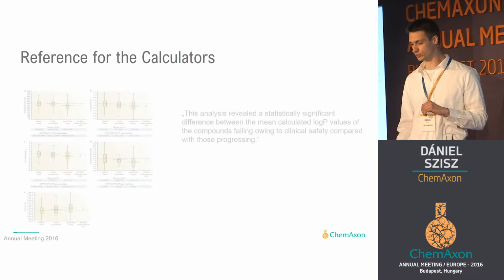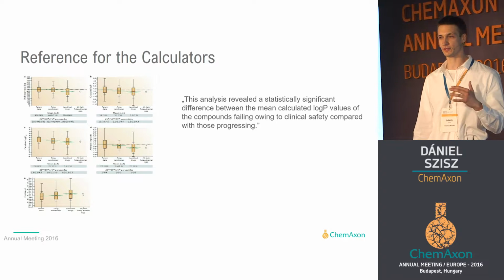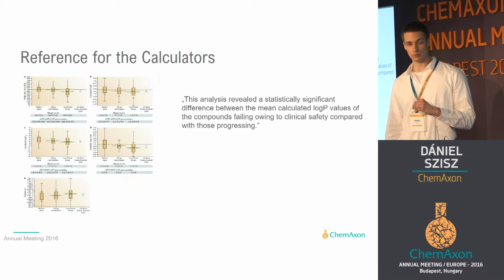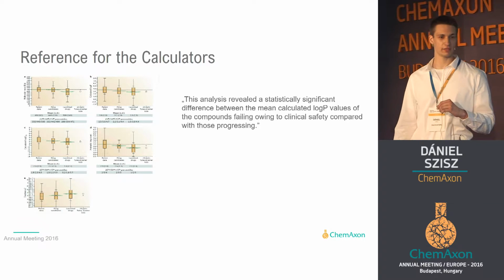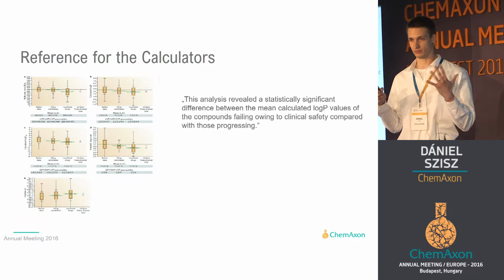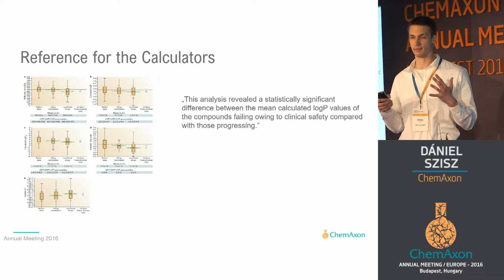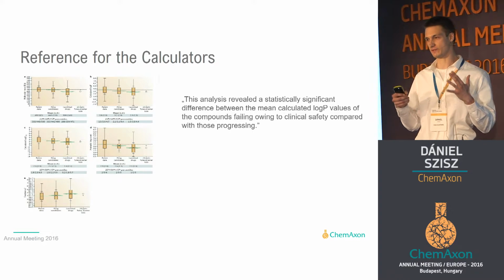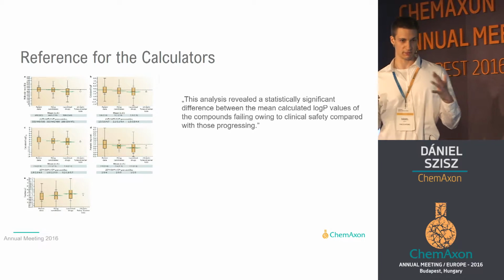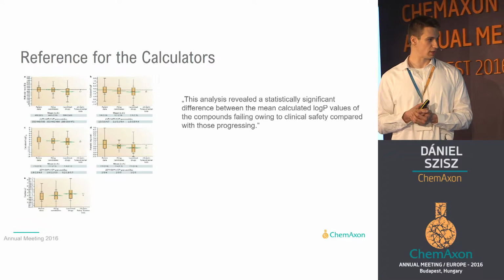Without going into too deep details, one of the main conclusions of the study was that when we want to optimize or control the physicochemical properties, lipophilicity has a very important role in optimizing the drug candidates.